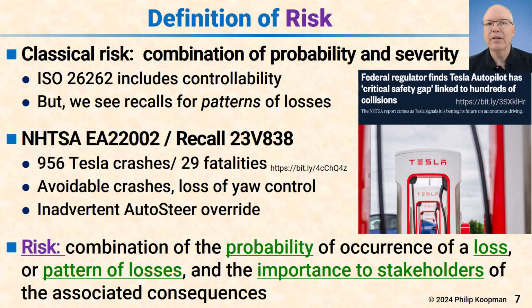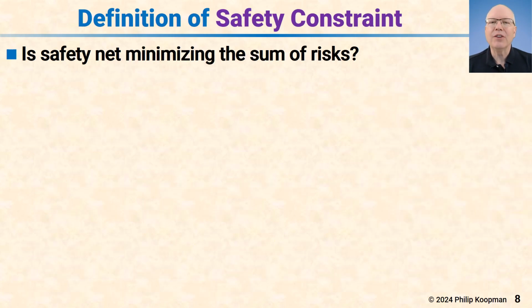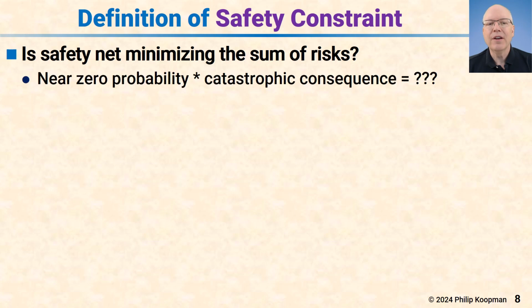A safety constraint is a term that you usually do not see in safety standards right now, but which I think is pivotal to really changing how we think about safety. Typically, safety is more thought of as net minimization of the sum of risks. But the problem with that has always been, what do you do about zero probability times catastrophic consequence? There is significant incentive at design time to say, well, it'll never happen, so the risk is zero.